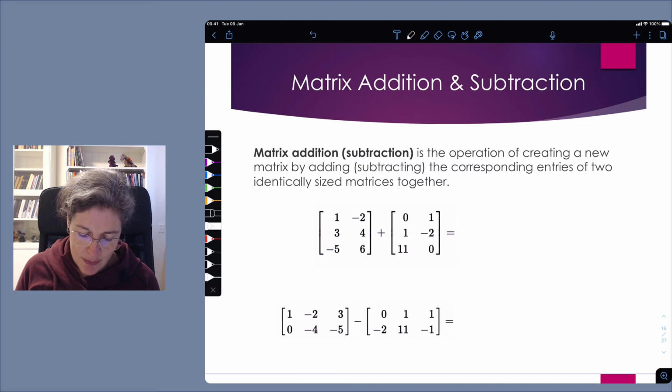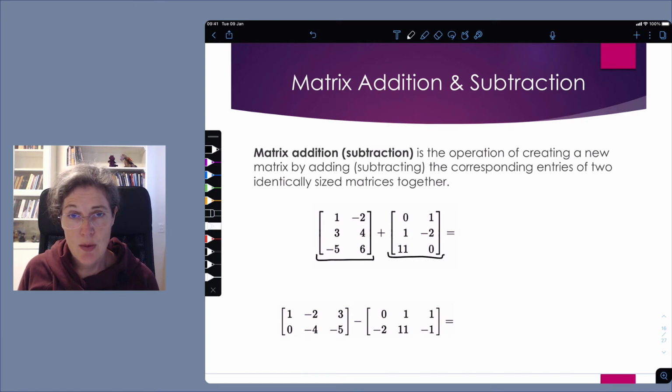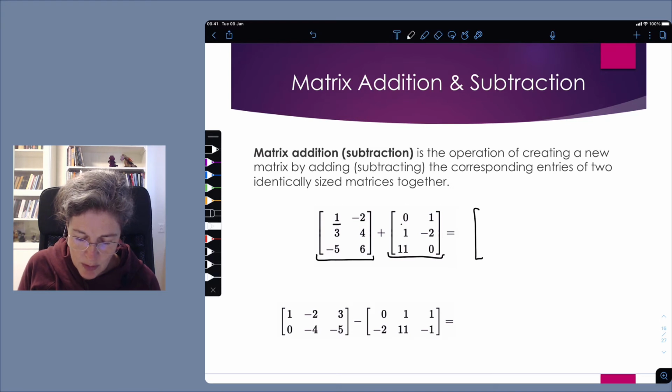Okay, so if we have a look at this first example here, I've got this matrix here, which is 3 by 2, and this matrix, which is 3 by 2. So we can add them, and we have to add corresponding entries. Okay, so my first entry will be 1 plus 0.